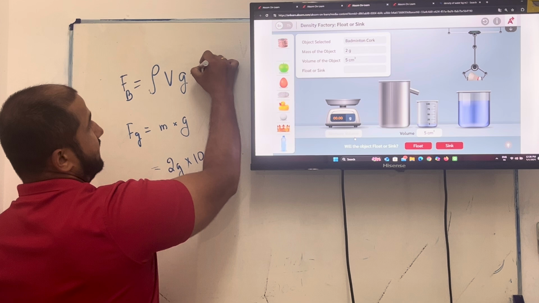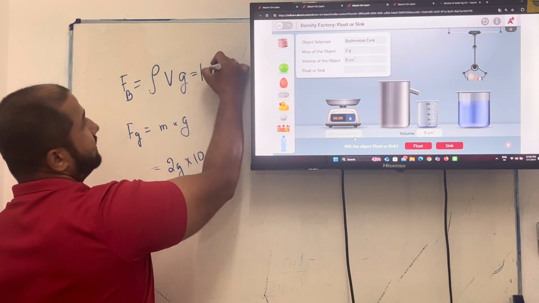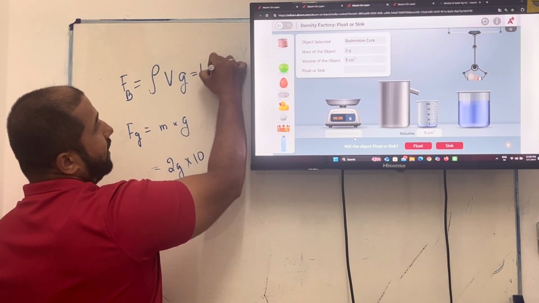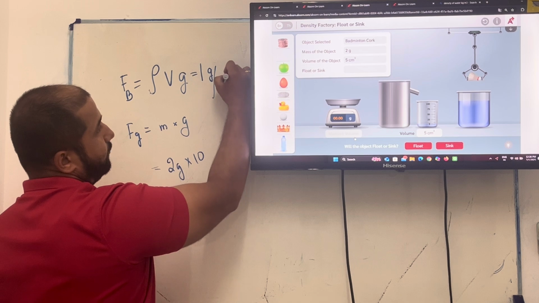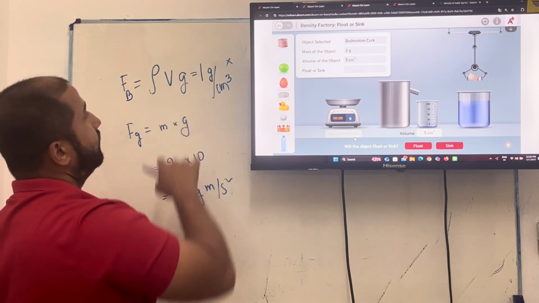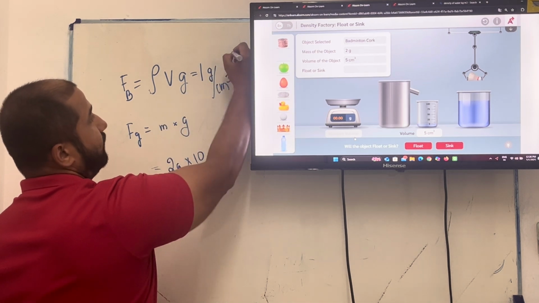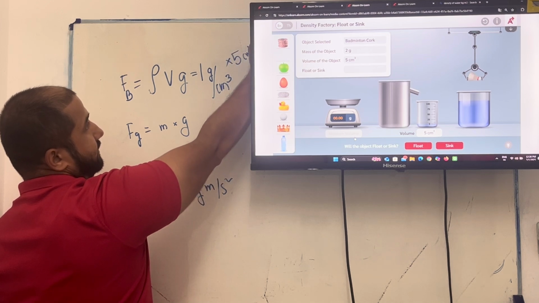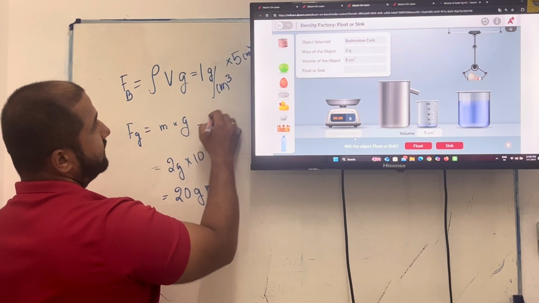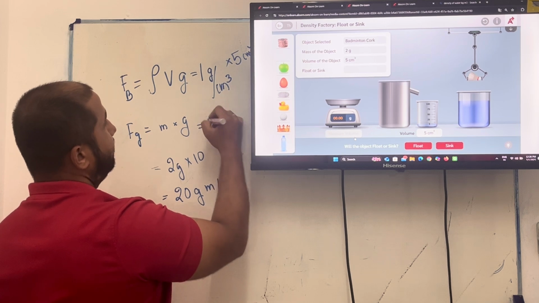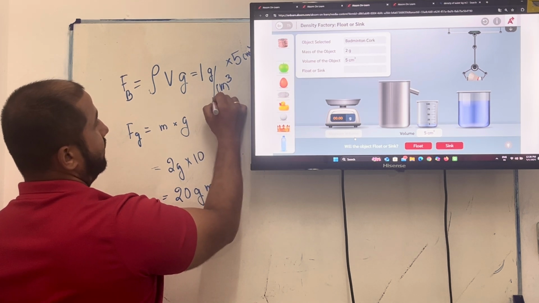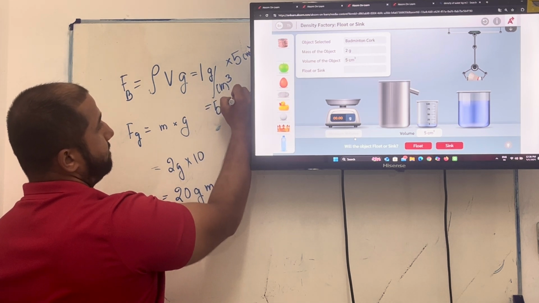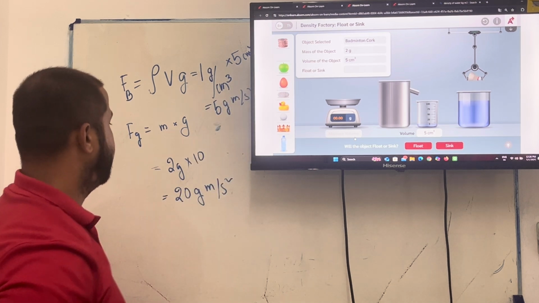So, since density is 1 gram per centimeter cube, displaced volume is 5 centimeter cube multiplied by 10. So that means we will get 50 gram meter per second square.